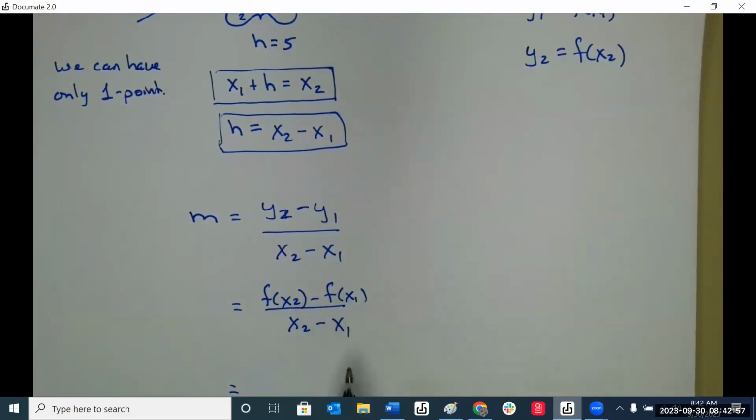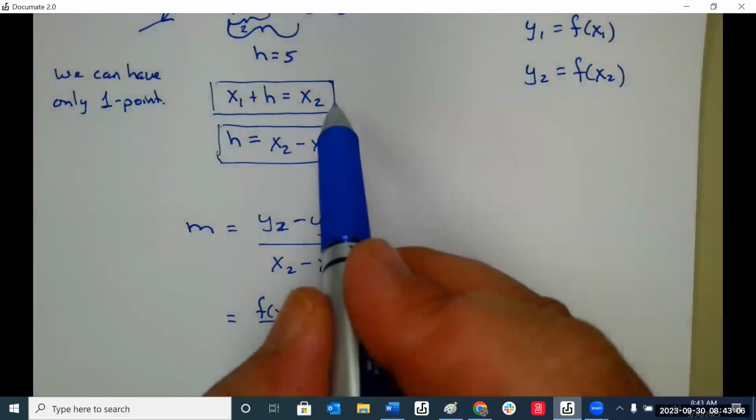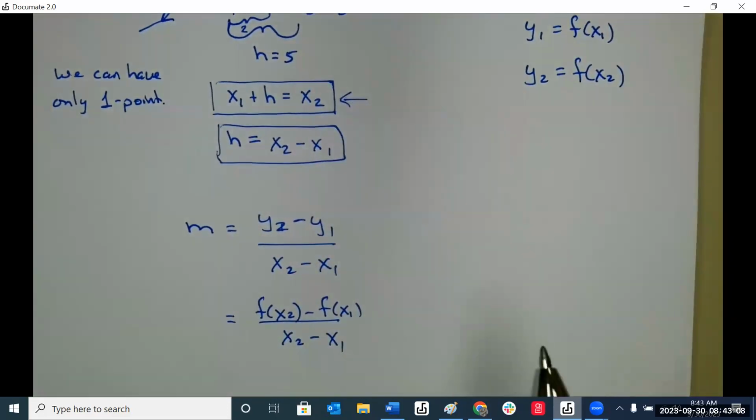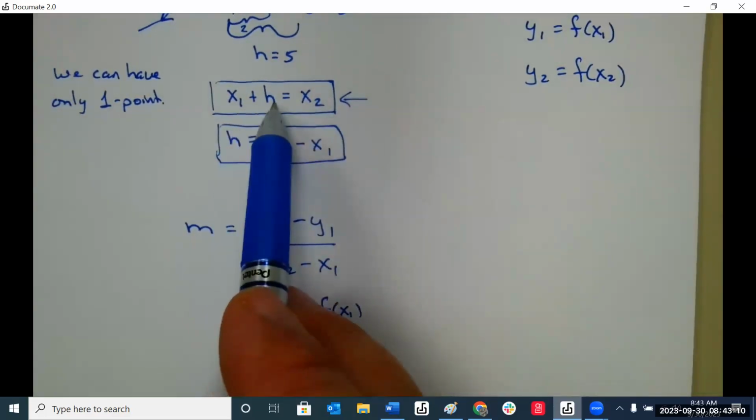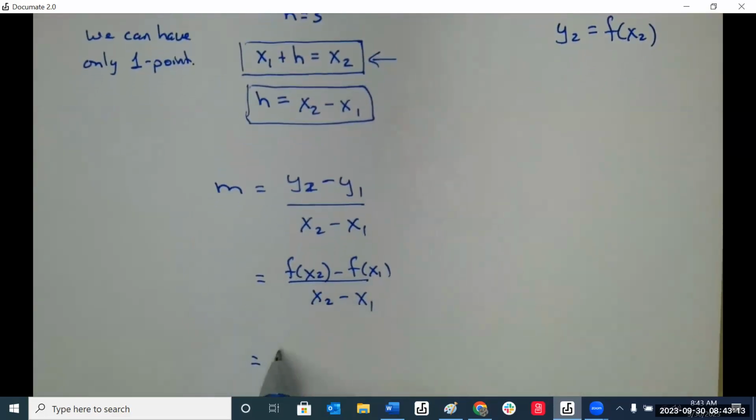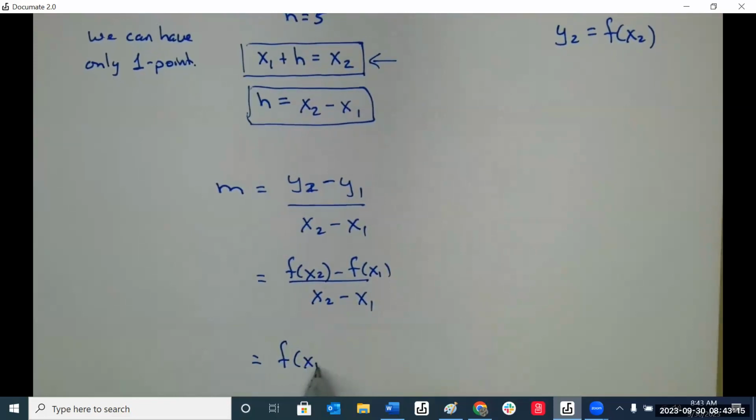But we still have 2 points. We can only deal with one. So what is x2? What's another way of writing x2? x2 is x1 plus h. So this first one becomes f of x1 plus h minus f of x1.